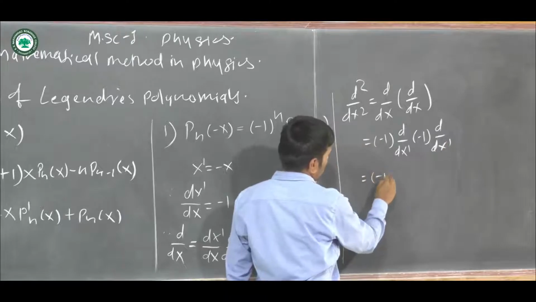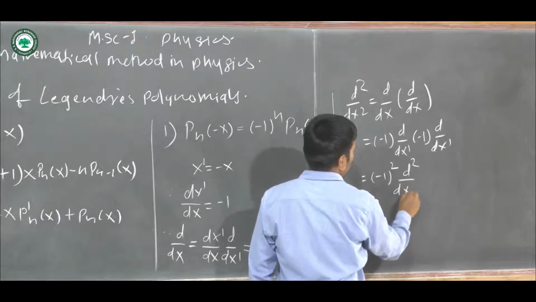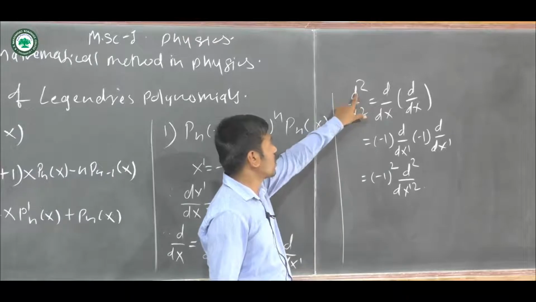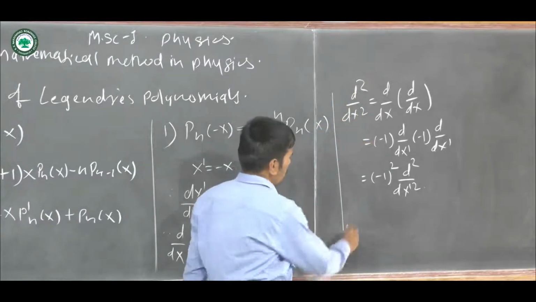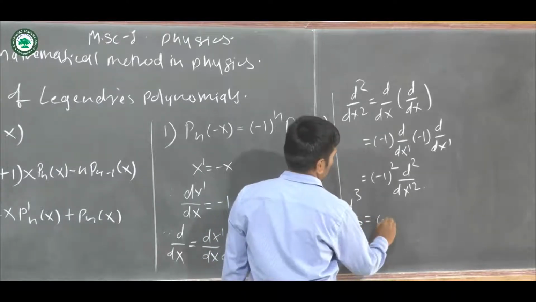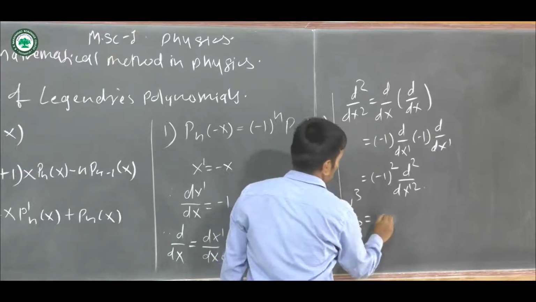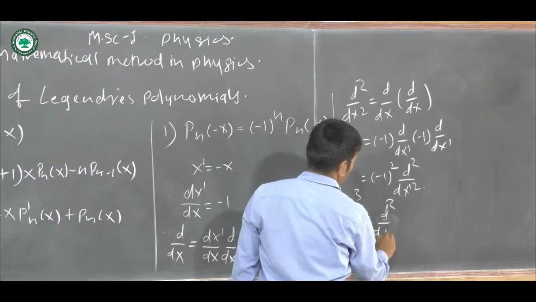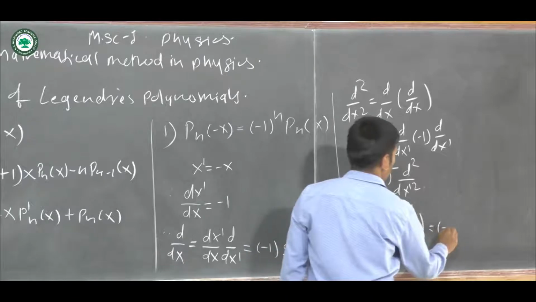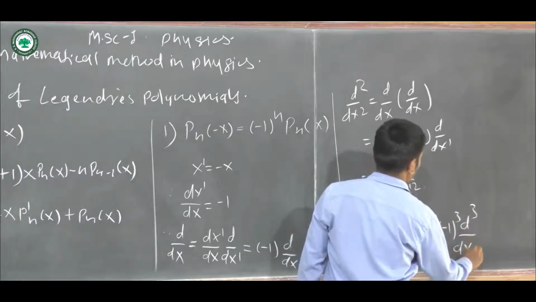Okay, so this is minus 1 power 2 d square by dx prime square. Now for d cube by dx cube, we write d square by dx square into d by dx. So this is equal to minus 1 power 3 d cube by dx prime cube.